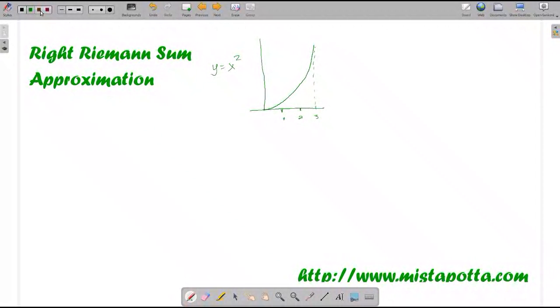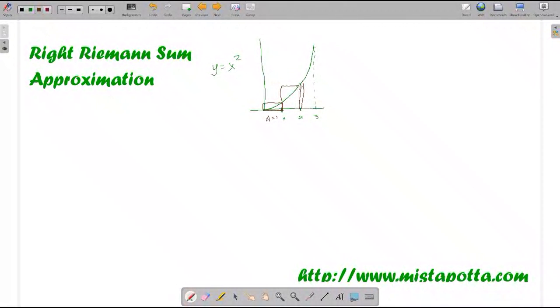Then this first rectangle is going to have its height determined by the right endpoint, a height of 1 and a base of 1, so my area is 1. Here, this rectangle is going to have its height determined by the right endpoint from 1 to 2.